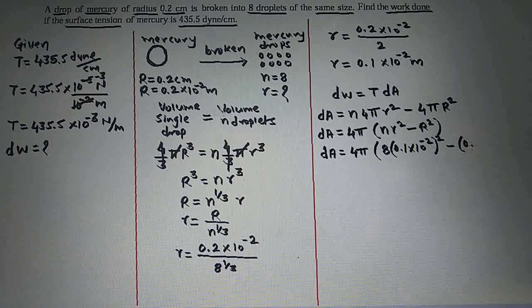It is (0.2 into 10 raised to minus 2) whole bracket square here, and we will complete the bracket.